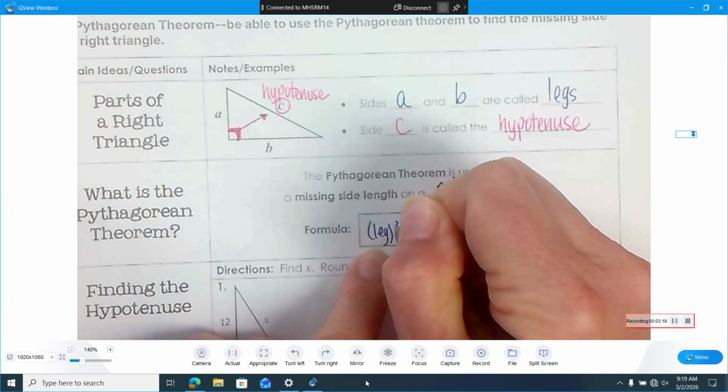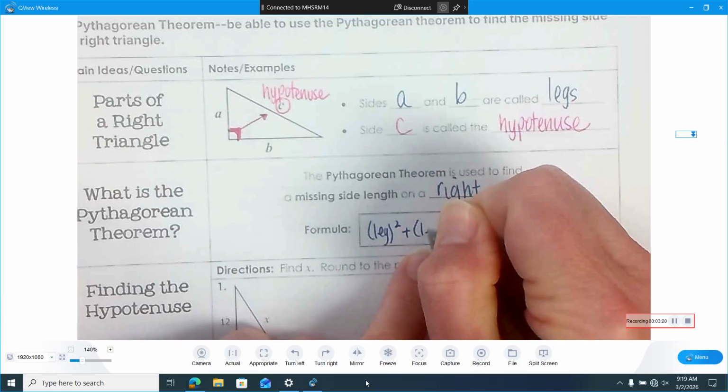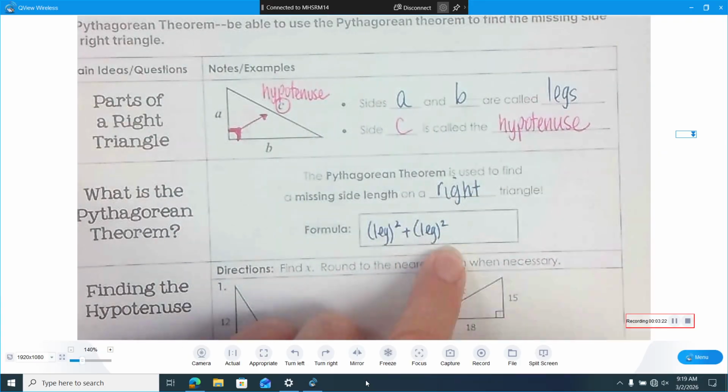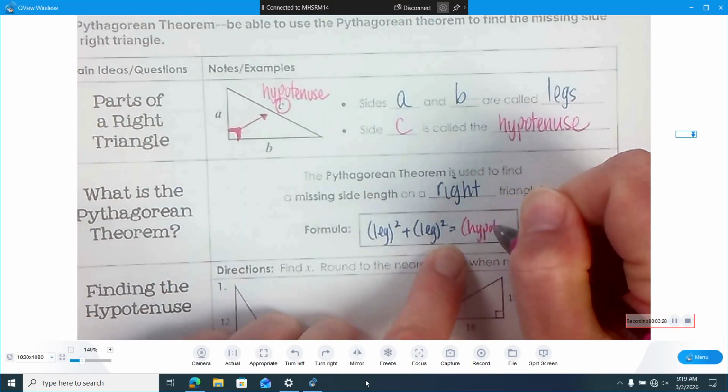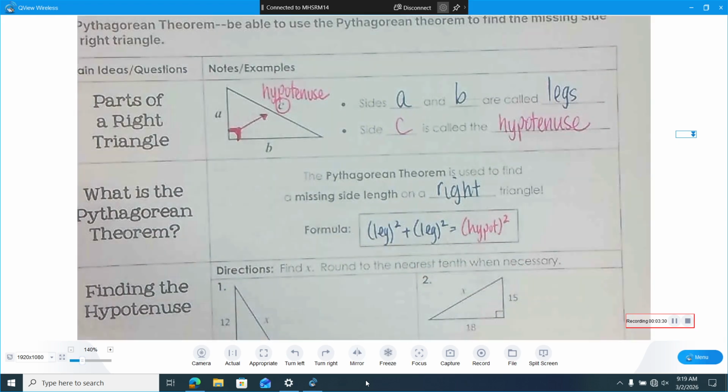Leg squared plus leg squared equals hypot squared. Hypotenuse squared, all right? You take your 2 legs and you square them and then you add them together. And then it's equal to the square of the hypotenuse.